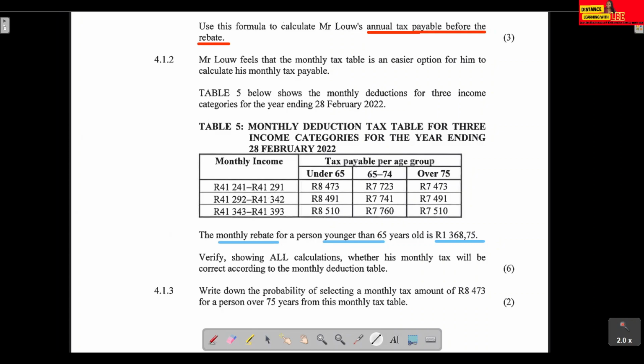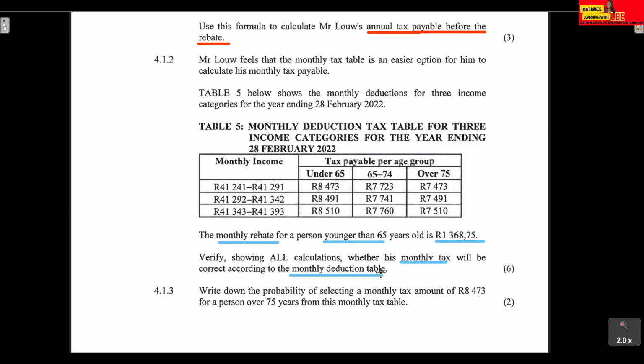Now, the question basically wants us to verify, showing all calculations, whether his monthly tax will be correct according to the monthly deduction table. So we are comparing the monthly tax, based on the formula that we were given, to what the monthly tax will be according to the monthly deduction table.